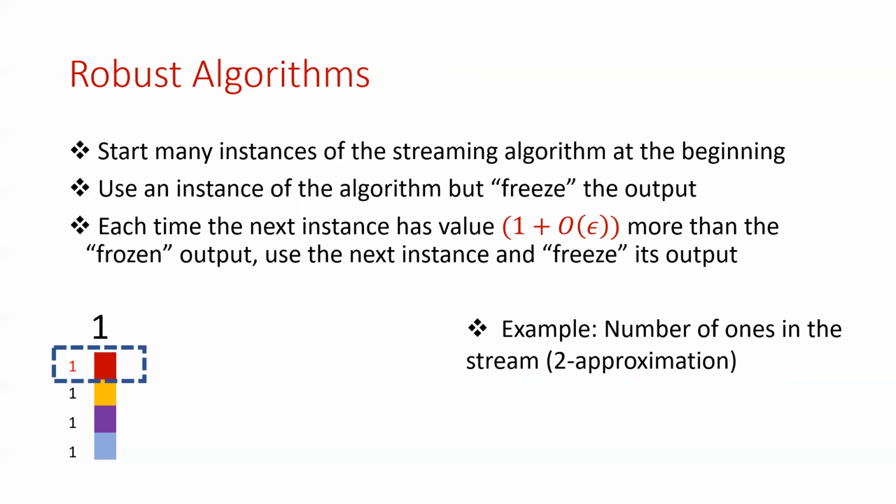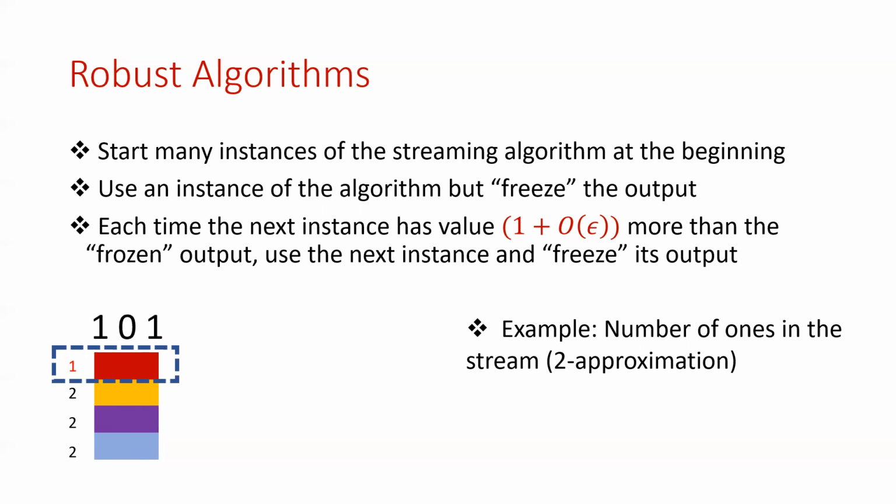And at this point, all 4 algorithms will output a 1. But we freeze the red algorithm, so it will always output 1 forevermore afterwards. Now we see another bit, and nothing has changed for any of the 4 algorithms. And let's suppose we see a third bit. In this case, it's a 1. Now the red algorithm will still output a 1 because it's frozen forever.